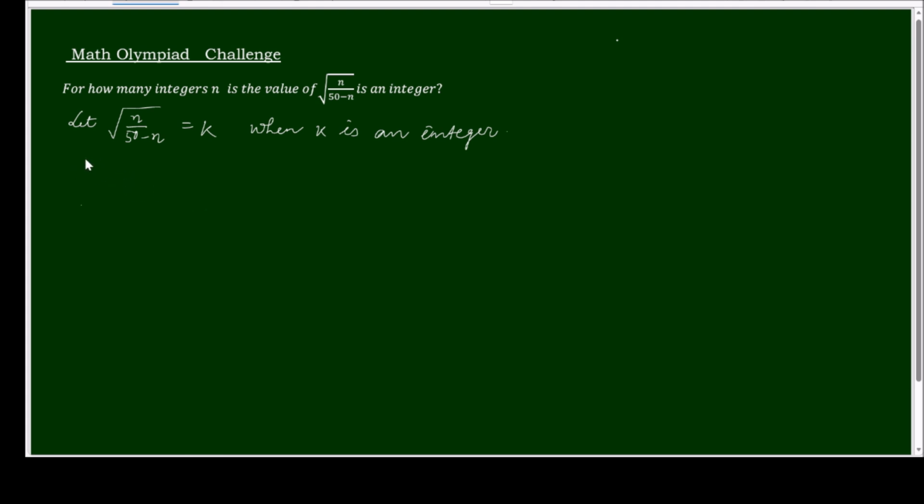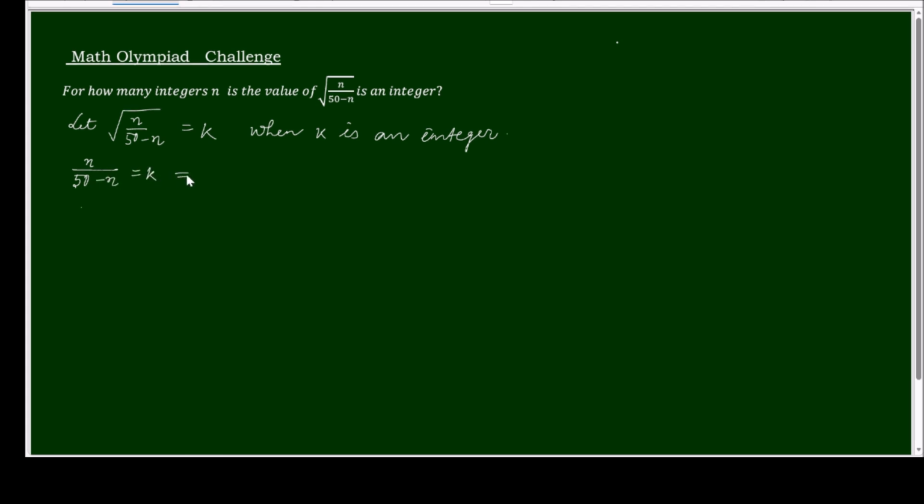Squaring both sides, I get n over 50 minus n equals k square. Multiplying out, 50k square minus k square n equals n.